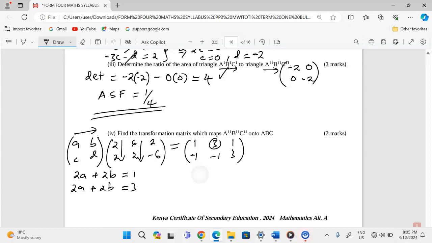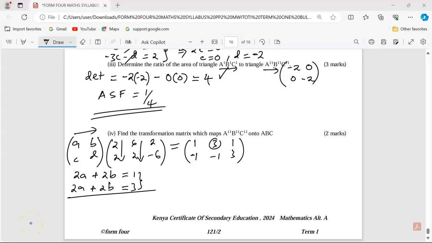So now we're going to subtract downwards because the coefficients of b are equal, so we can eliminate directly. So negative 4a equals negative 2. Therefore, the value of a is going to be half.